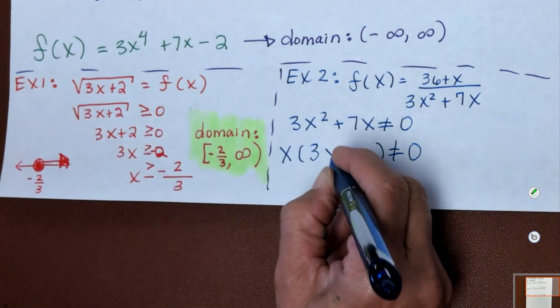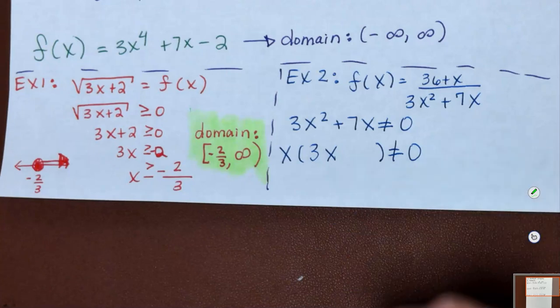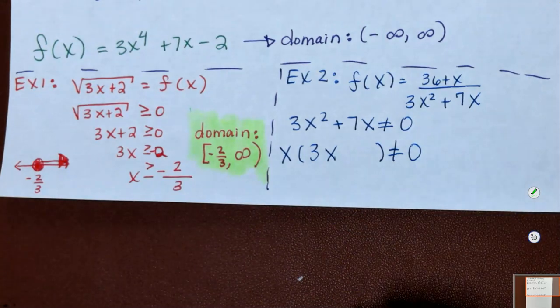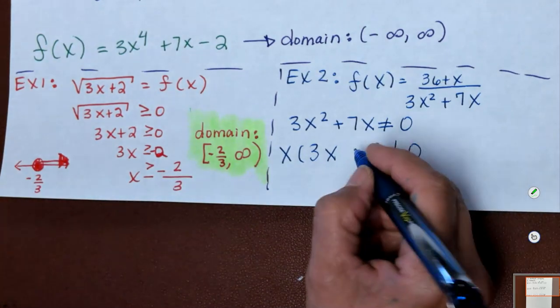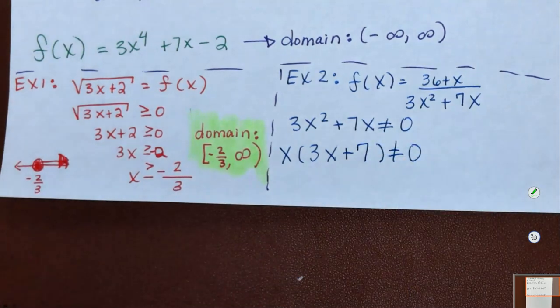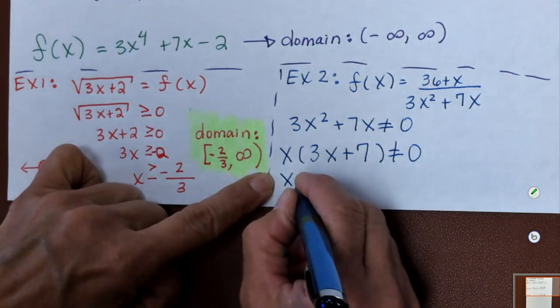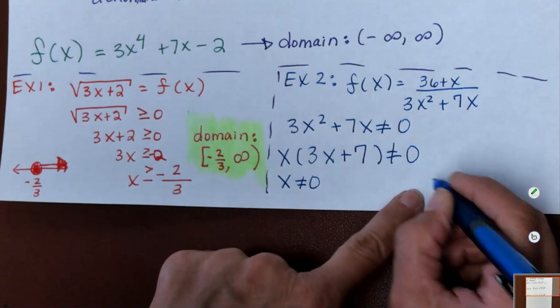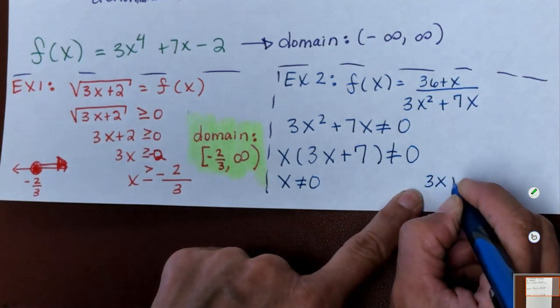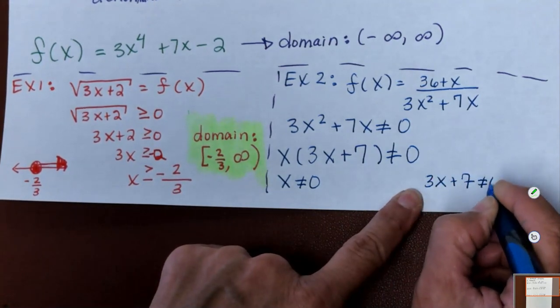Yes, 3x, very good. Yeah, just a 7 because we took out the x. Now we're going to solve just like it was a regular problem. So set this factor to the not equals 0. Set this factor to the not equals 0.